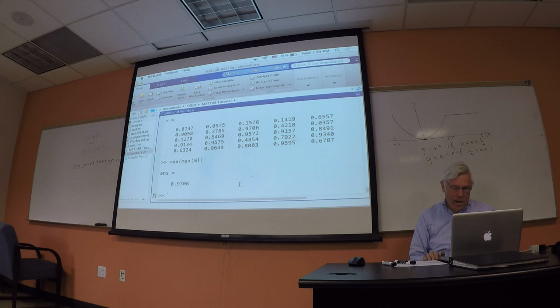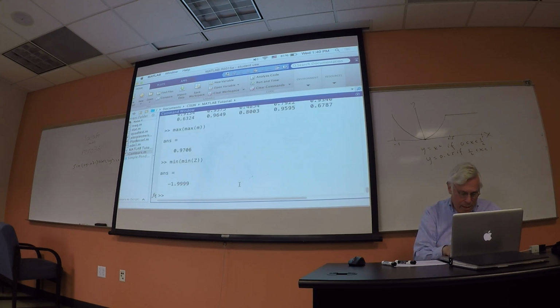And similarly, you can do the minimum like that. So to answer your question on the Z now, if you want to find the minimum element in there, min of Z, minus 1.99, and max of Z, 2.